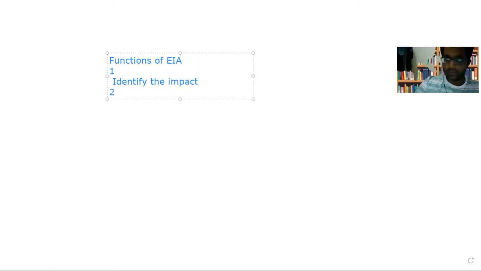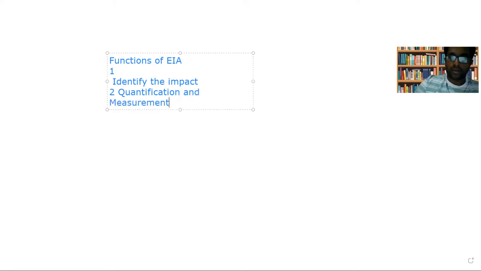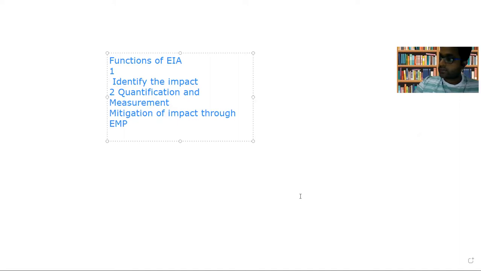Second, quantification and measurement. Third, mitigation of impact through EMP. Fourth, monitoring and evaluation. These are the different functions of environment impact assessment.